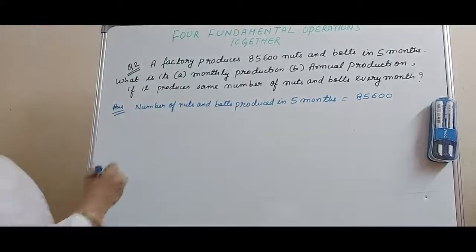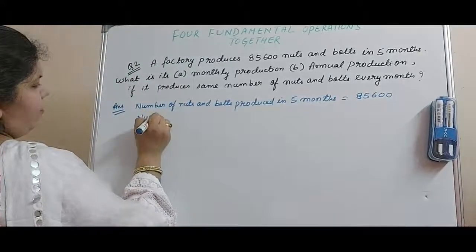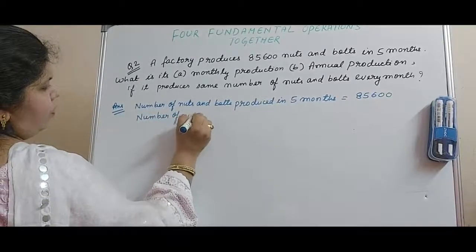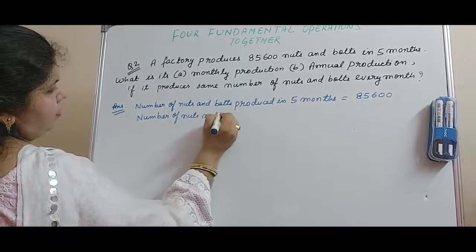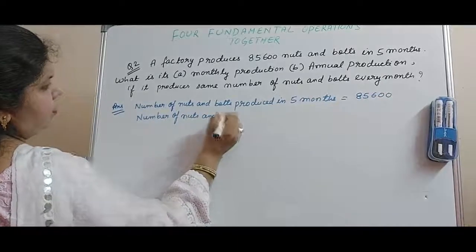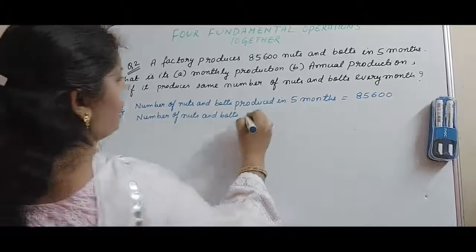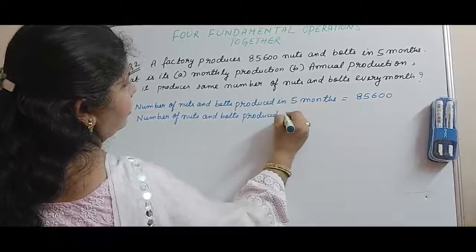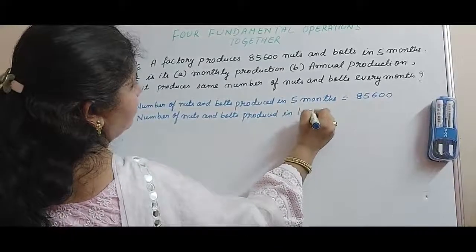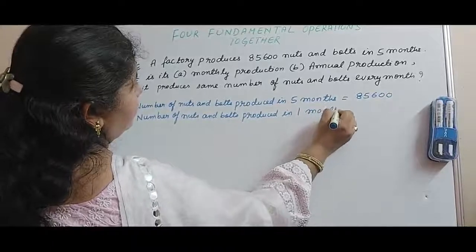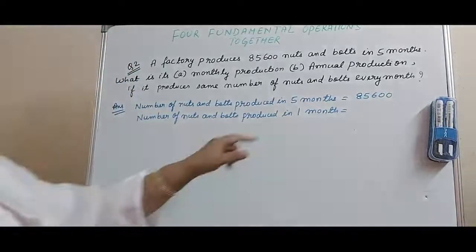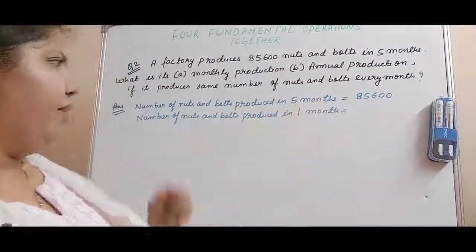Then number of nuts and bolts produced in 1 month means what? We have to divide this number by 5.